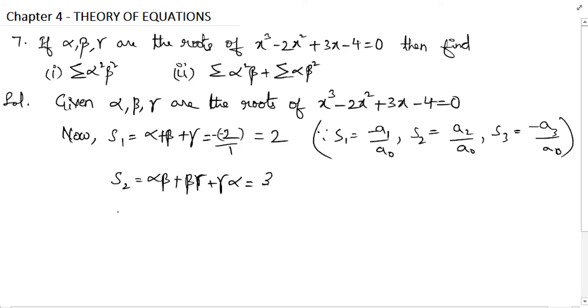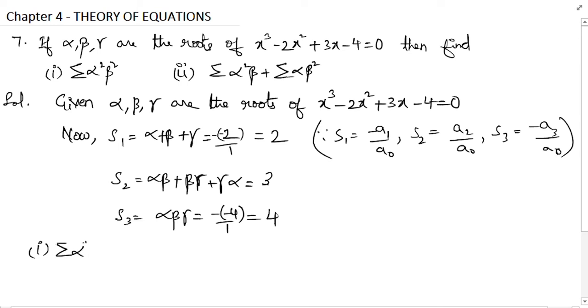Then S3 is equal to alpha beta gamma, which is equal to minus of minus 4 by 1, which is equal to 4. Okay, so now first we'll find the first bit.